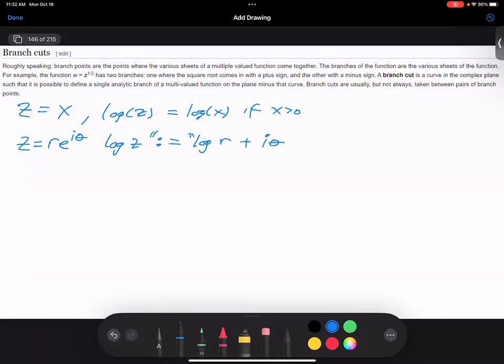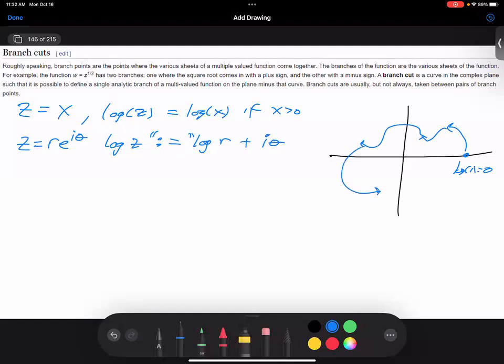The difficulty is what happens if, let's say, I start off with a value over here. Then the log of 1 is 0. And then I start moving around like this, and maybe I swing around in crazy ways, and I start coming up like this. Well, the problem is here, theta is getting closer and closer to 2 pi. And so as I get closer and closer to returning to 1, I would now be getting the log of 1 equals 2 pi i.